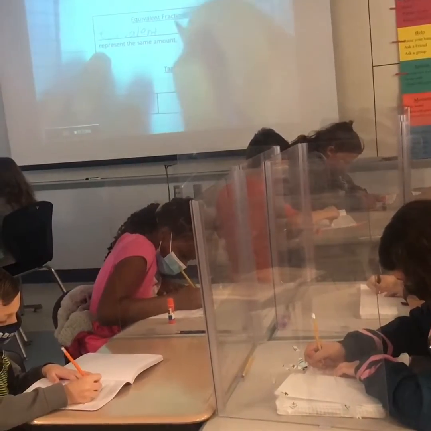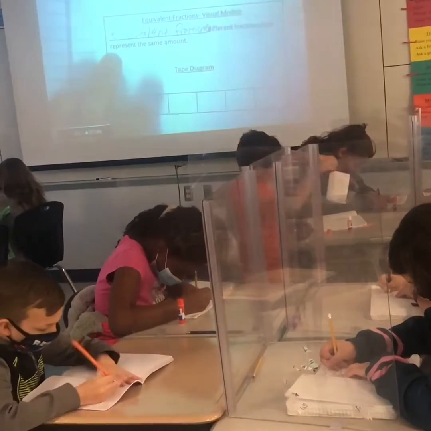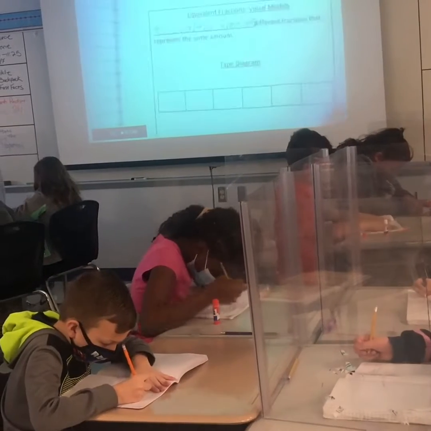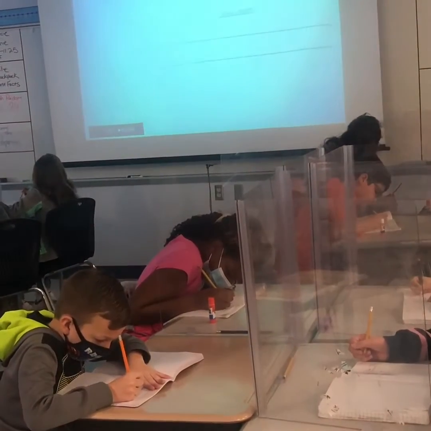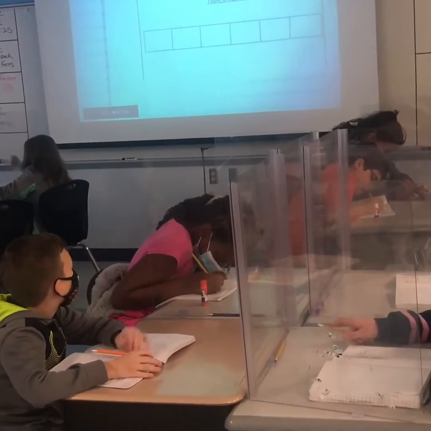E-Q-U-I-V-A-L-E-N-T fractions. So we're going to go ahead and take our equivalent fractions. I don't know why my camera's not being nice to me today. And then go ahead and put your pencil down to show me that you're done.